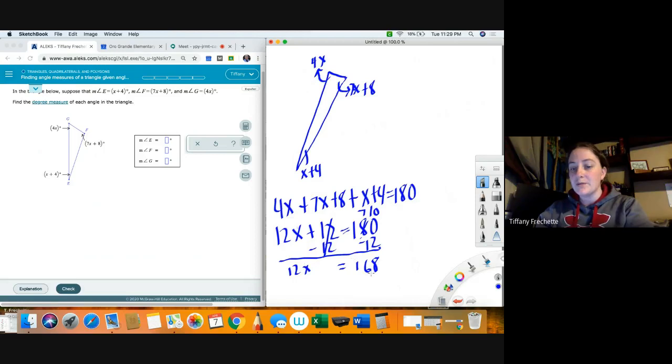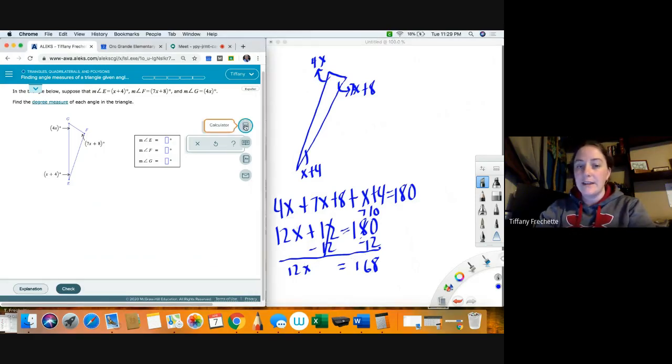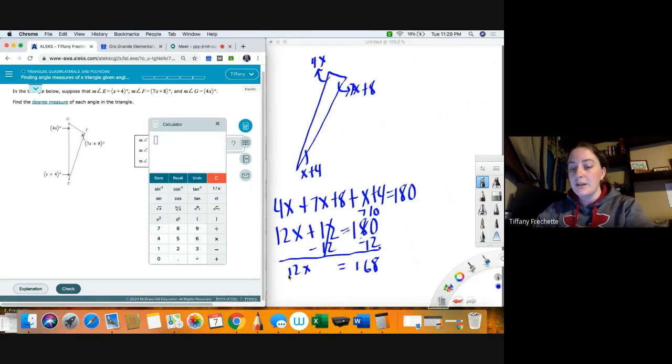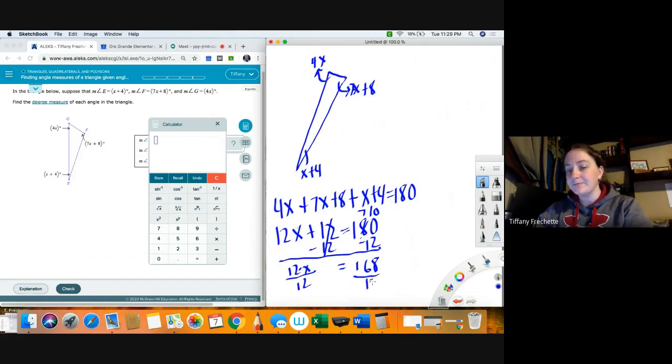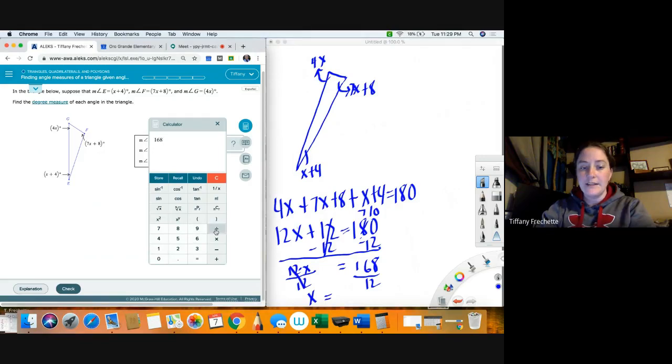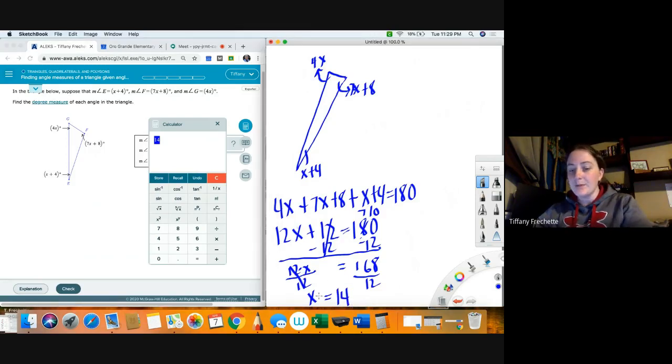So 12x equals 168. And we're going to undo the multiplication here with division. So 12 divided by 12 is 1. We just bring down the x equals, and we have 168 divided by 12, and that equals 14. All right, so we have x equals 14.